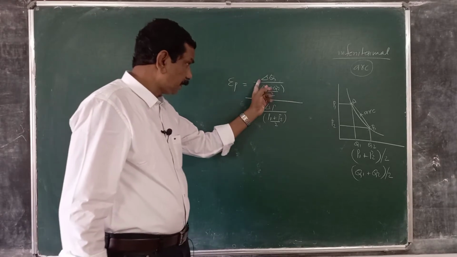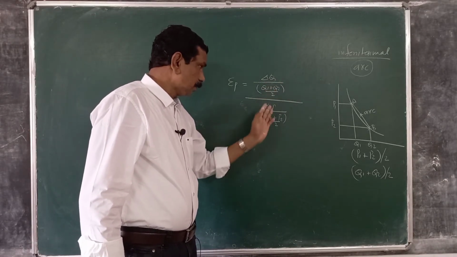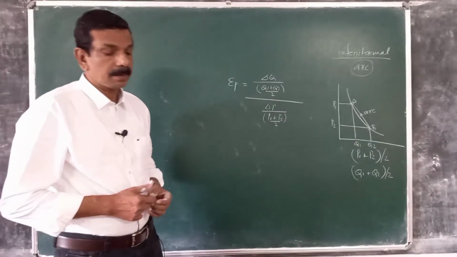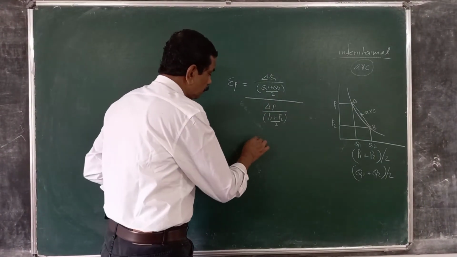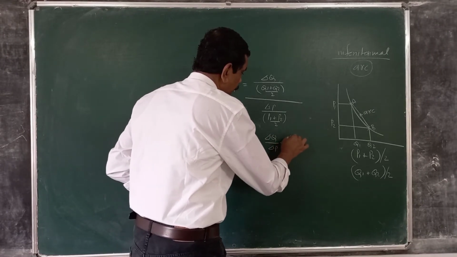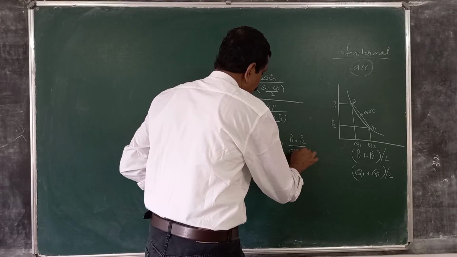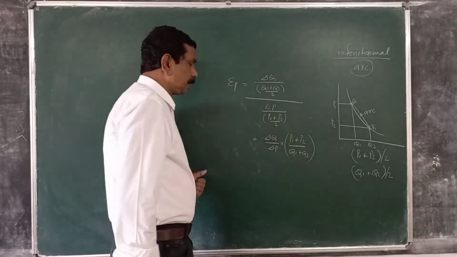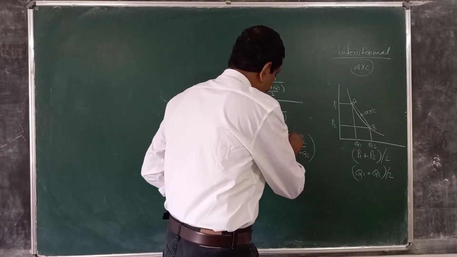Instead of dividing delta Q by Q1 or Q2, we take the average of Q1 and Q2. Similarly, the average of P1 and P2. This becomes delta Q by delta P into (P1 plus P2) by (Q1 plus Q2).